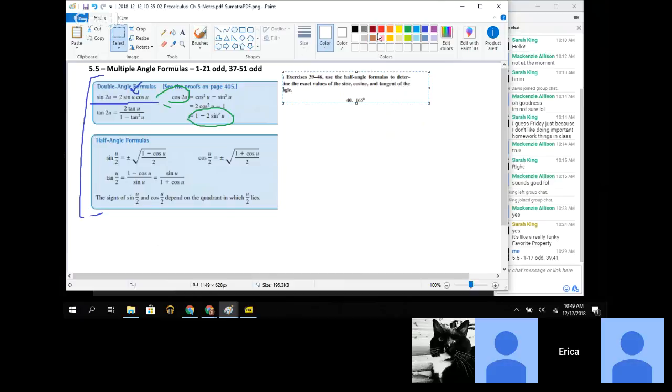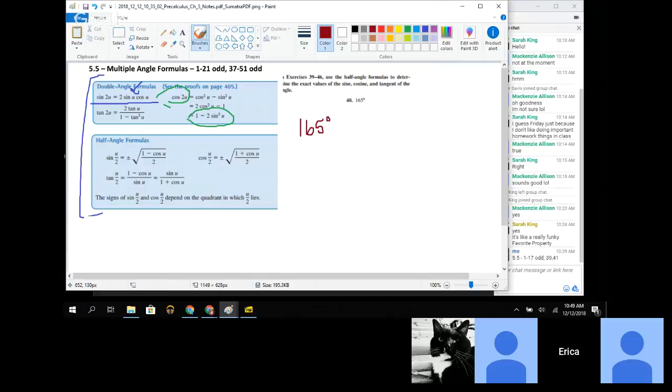Okay, so this tells me that we have 165 degrees, and I want to use the half formula to figure out my values.